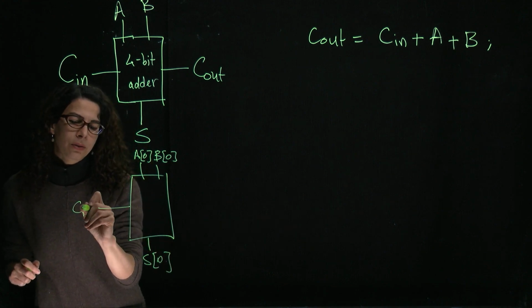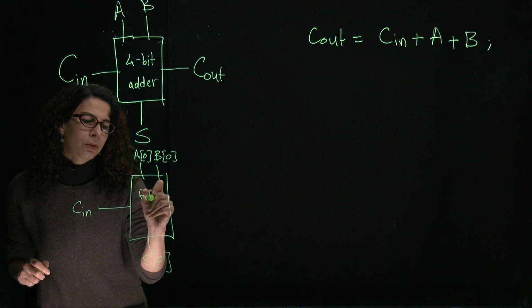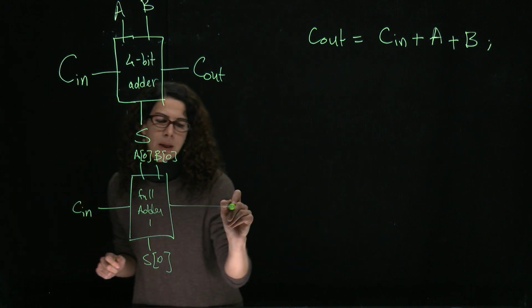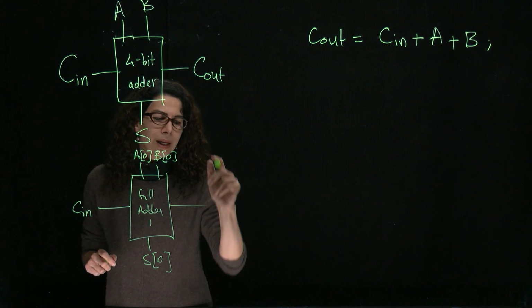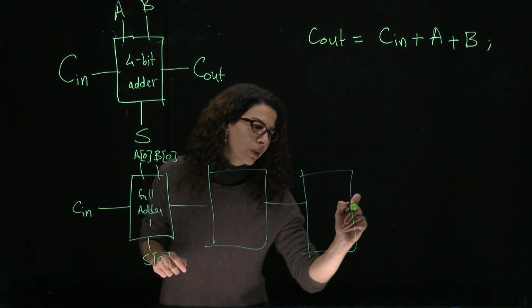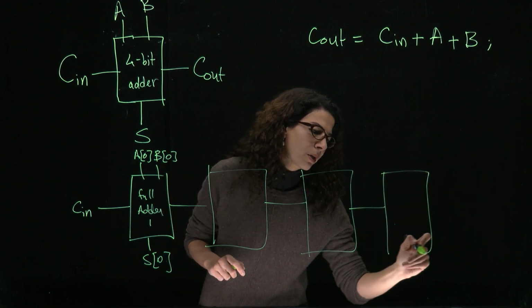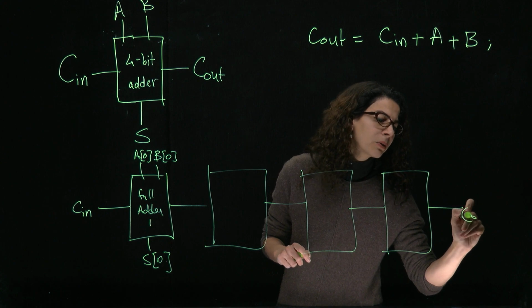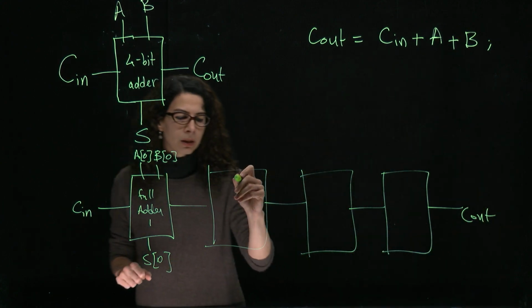Here is Cin. This is full adder 1. Then I'm going to connect it to the second, third, and fourth full adder. Then I'm going to get the Cout, which is the output I was looking for.